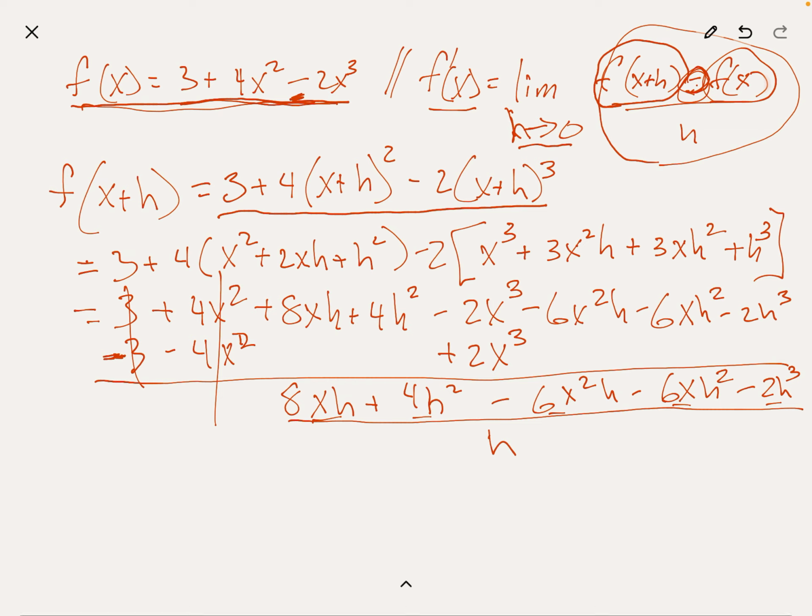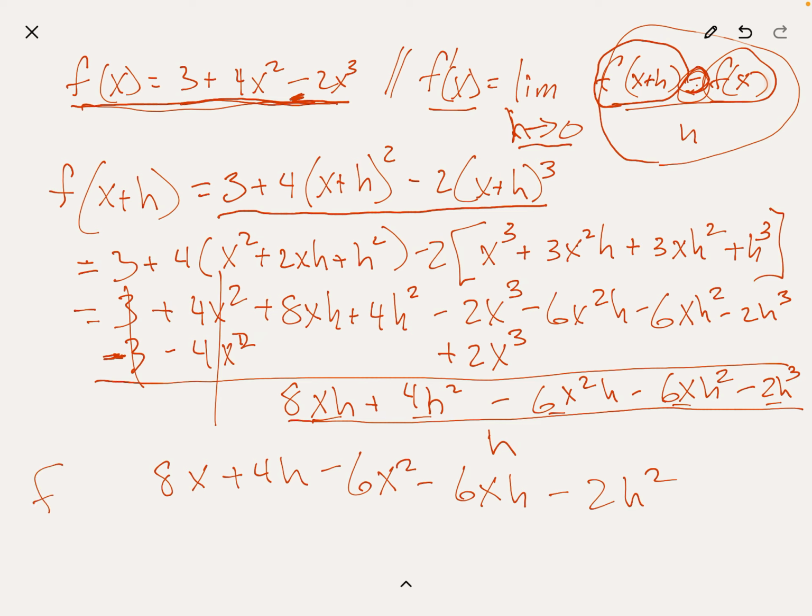So that's kind of crucial. So it's going to be 8x plus 4h minus 6x squared minus 6xh minus 2h squared. That's f prime of x.